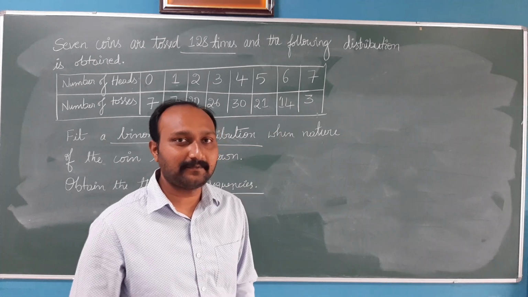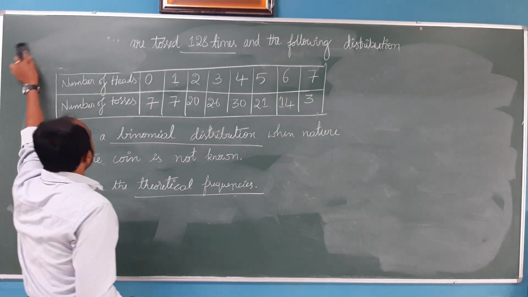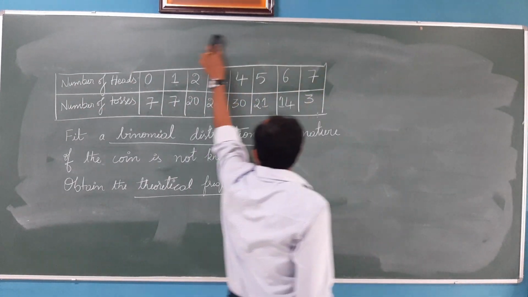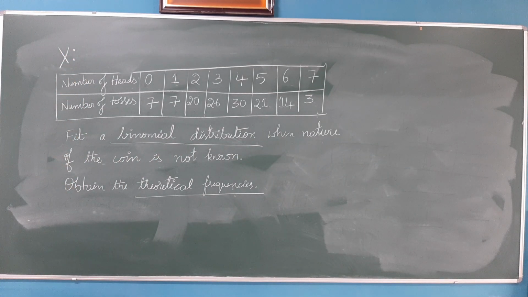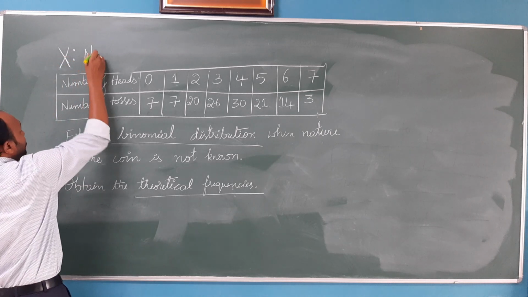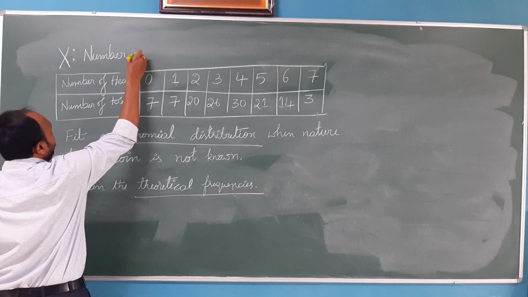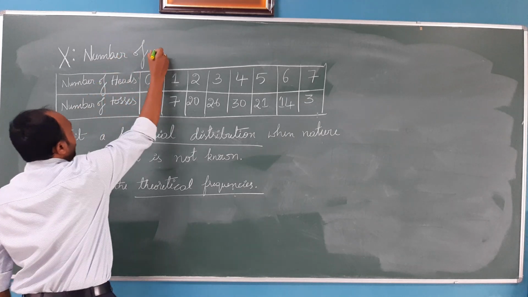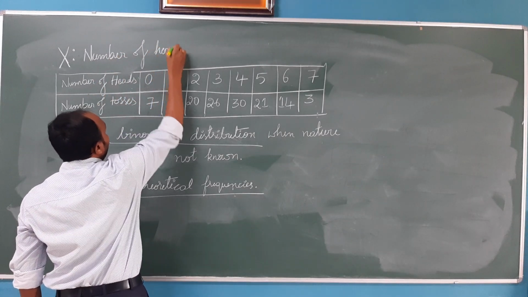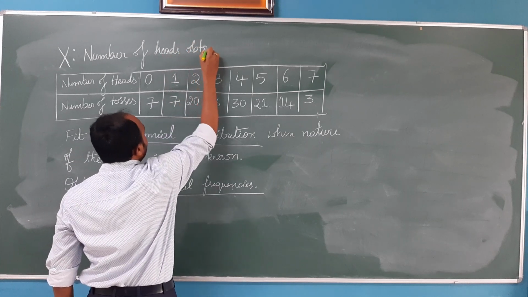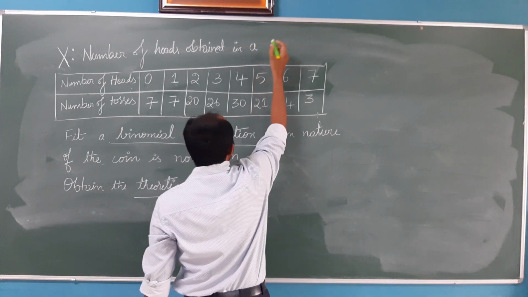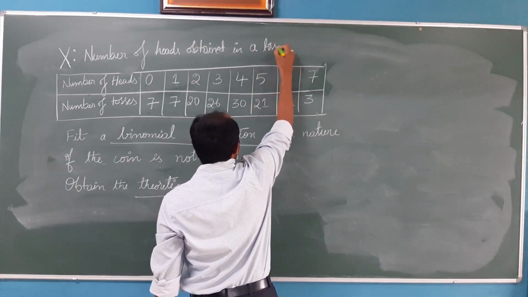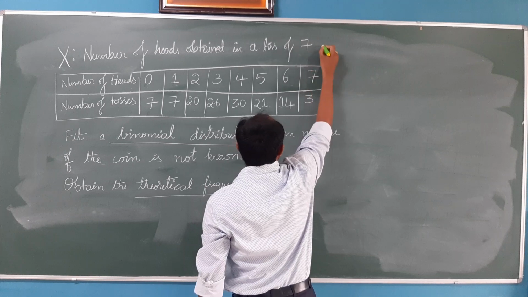So how to define a random variable? Let me consider x as a random variable. So what does x indicate here? X indicates the number of heads obtained in a toss of 7 coins.